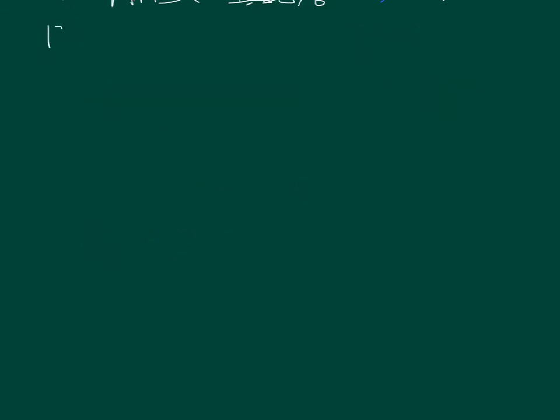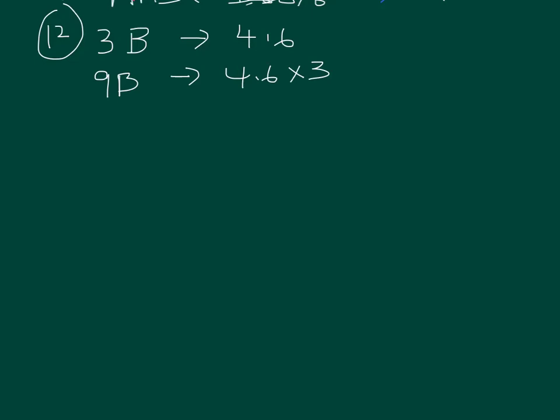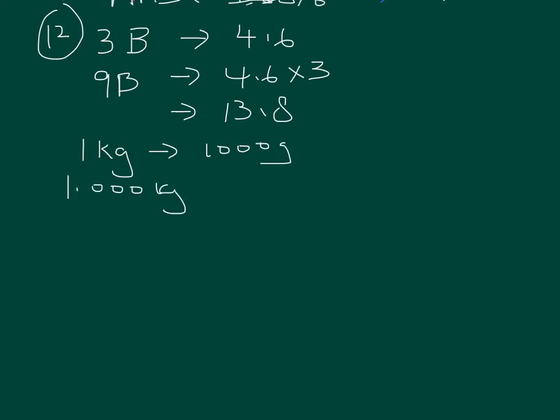Now we move on to question 12. 3 bags of marbles have a mass of 4.6 kg. What is the mass of 9 such bags of marbles? So 3 bags of marbles will give me 4.6 kg. 9 bags of marbles will be 4.6 times 3, and this will give us 13.8 kg. 1 kg is equal to 1000 gram.